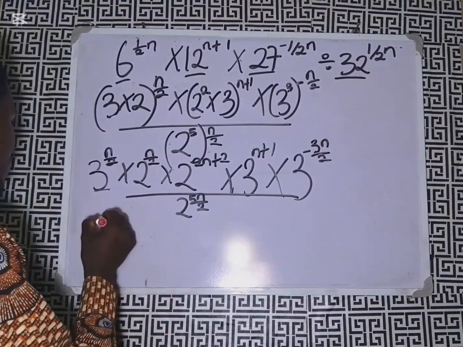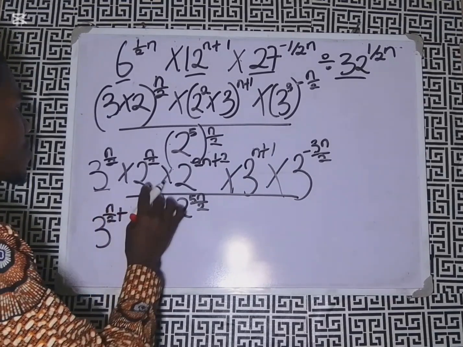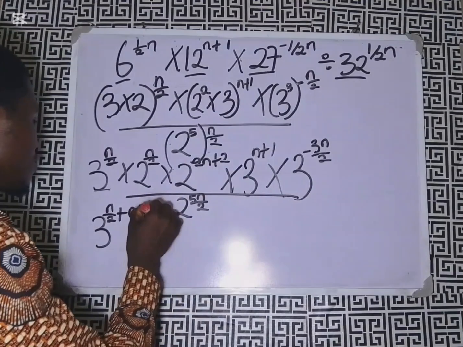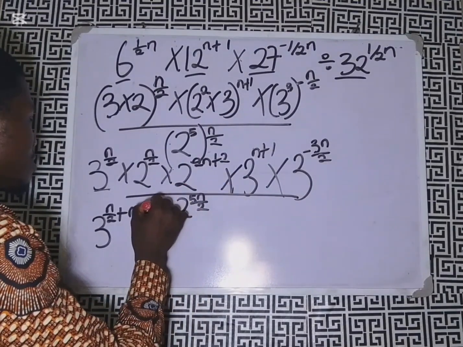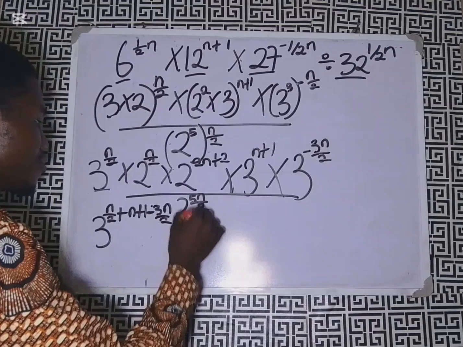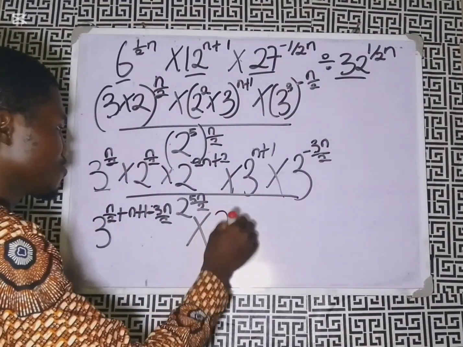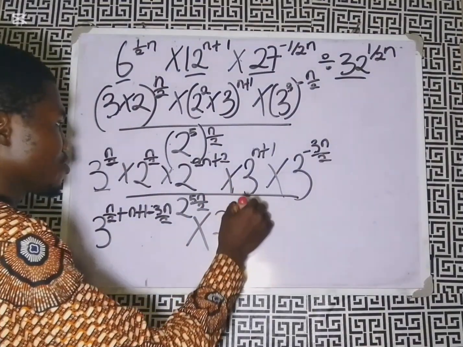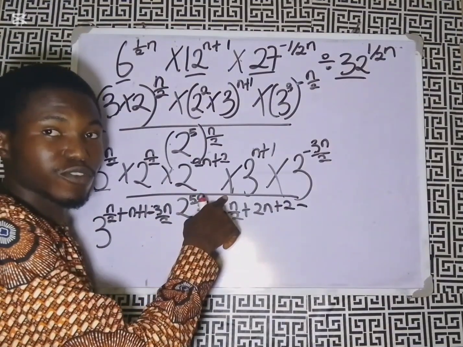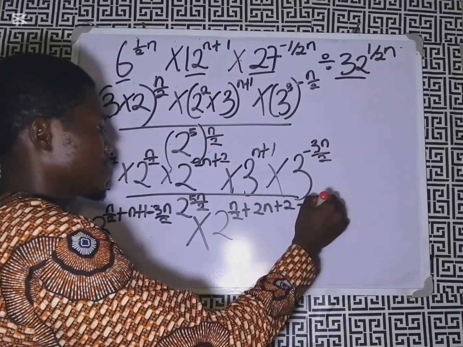So we have 3 raised to power n over 2 plus n plus 1, minus 3n over 2. Then multiplied by, let's go with base 2: 2 raised to power n over 2 plus 2n plus 2 minus, since this is division, the division changes to minus, 5n over 2.